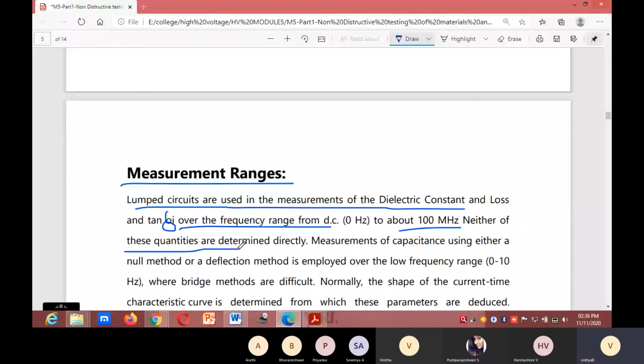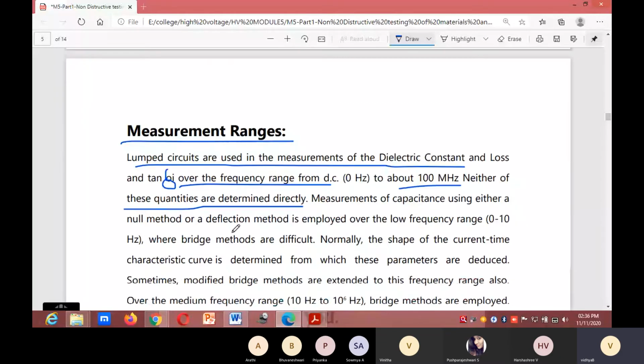Measurement of capacitance using either a null method or a deflection method is employed for the low frequency range, that is 0 to 10 Hz, when bridge methods are difficult.